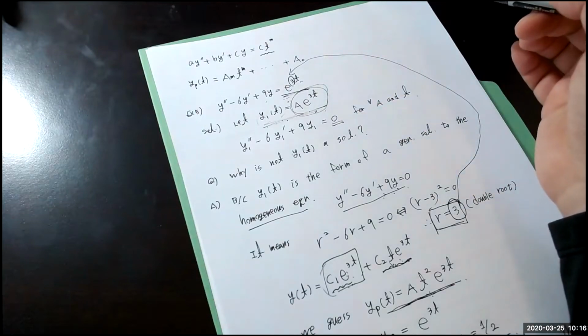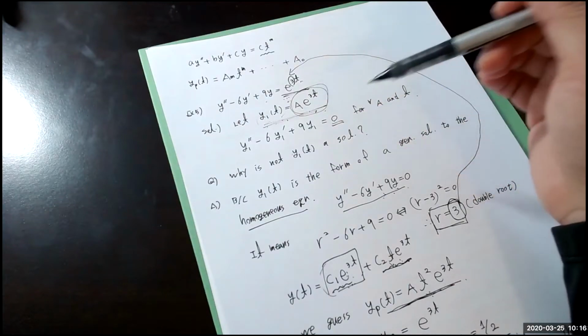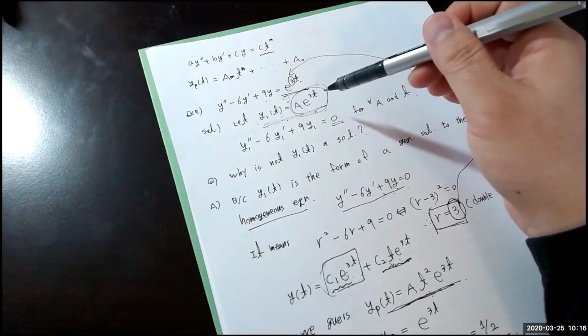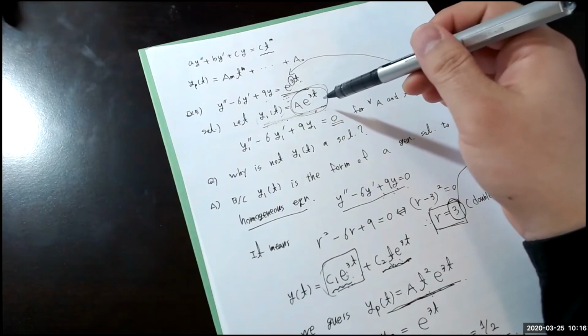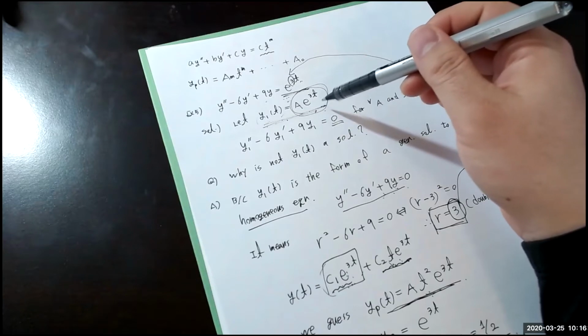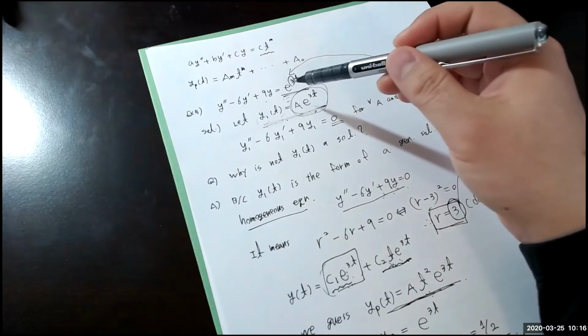You see that, e to the 3t. That's why this one could not work as a solution of the non-homogeneous differential equation.